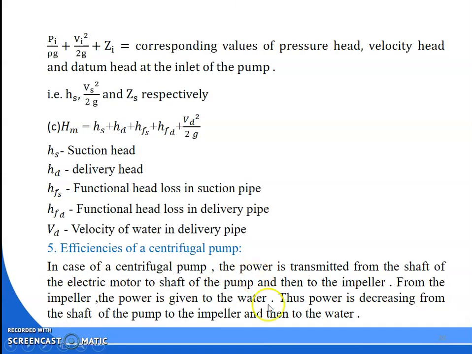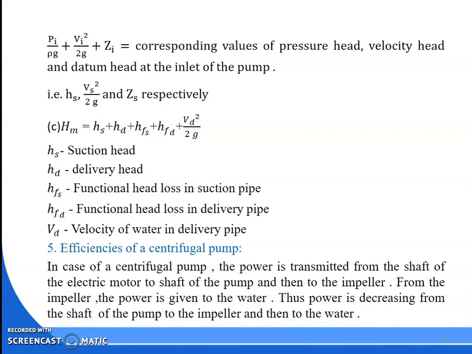In case of centrifugal pump, the power is transmitted from the shaft of the electric motor to the shaft of the pump. That we will discuss here. From the shaft we are giving mechanical energy. So the power will be transmitted from the shaft of the electric motor to the shaft of the pump and then to the impeller. And from the impeller the power is given to the water. Thus power is decreasing from the shaft of the pump to the impeller, then the water.